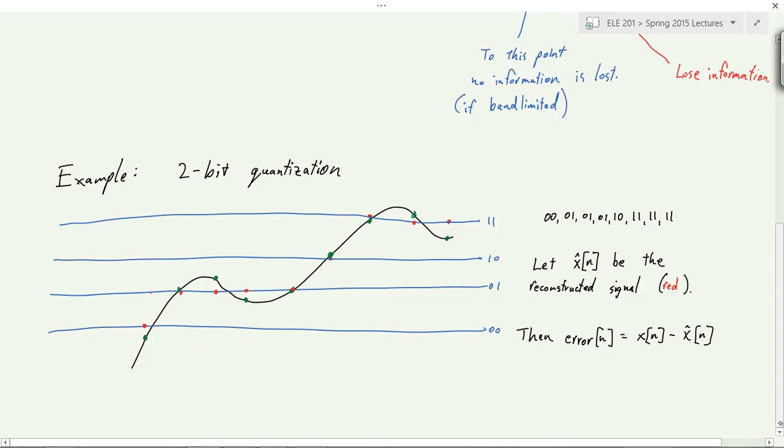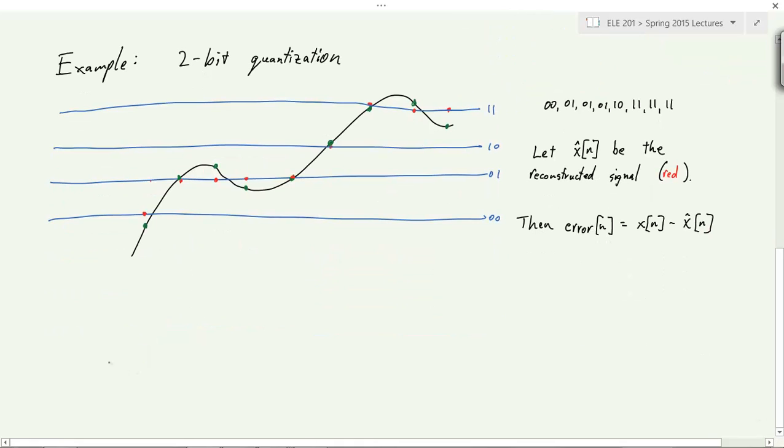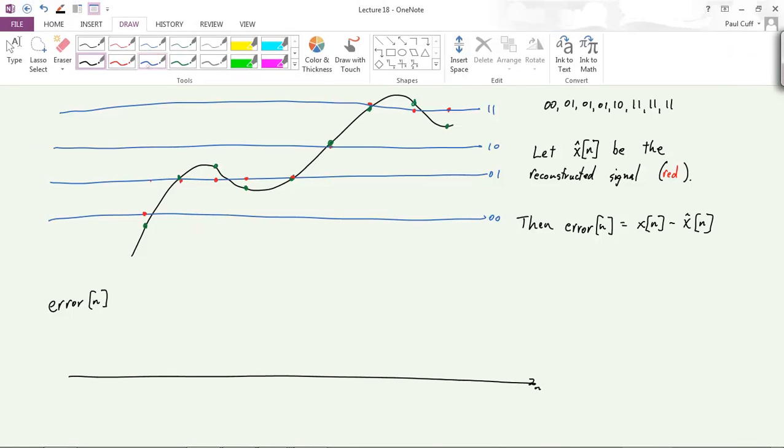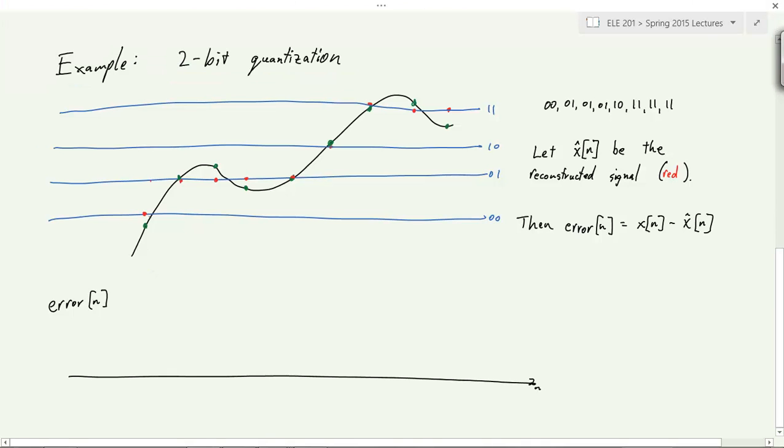Okay, so in other words, we can draw a new signal here. This is the error of n for the above. And it's going to be something like this. This first one, so it's the difference, right? The true signal was below the reconstruction, so it's like this. Okay, and the next one is slightly below. Oh, no, sorry, it's slightly above.